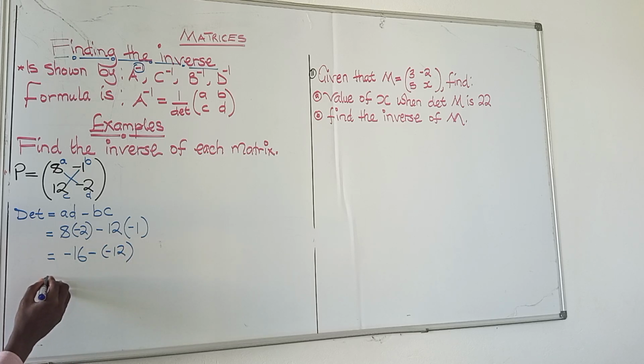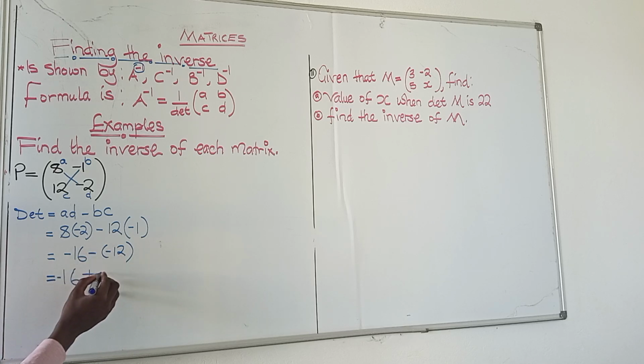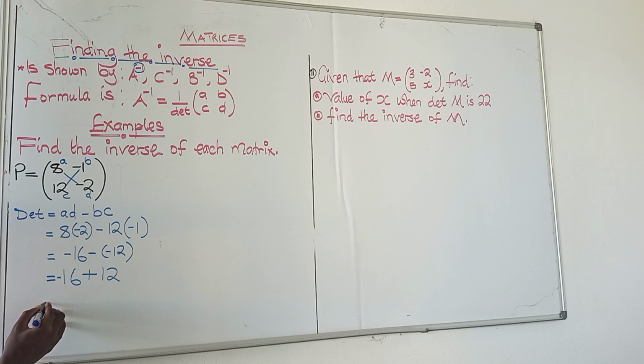So this is negative 16, and negative times negative is a positive 12. Negative times positive is a negative, so here we are subtracting. From 16 you take away 12, you remain with 4, and the sign of the bigger number is a negative. So we have negative 4. This is our determinant.